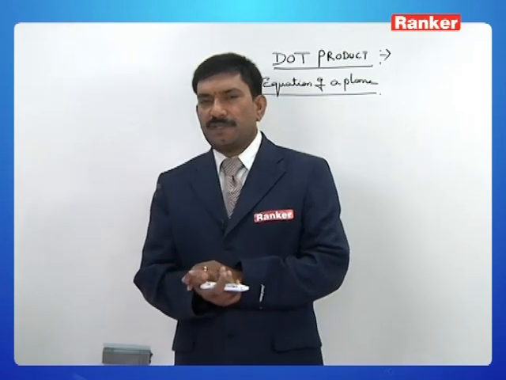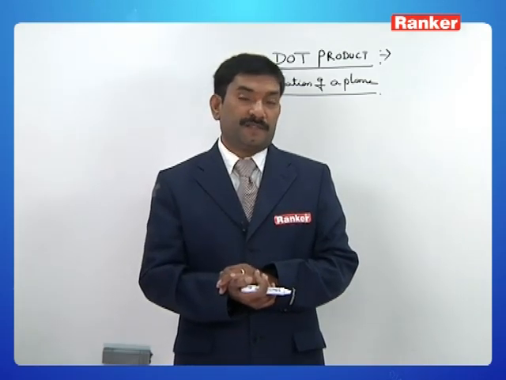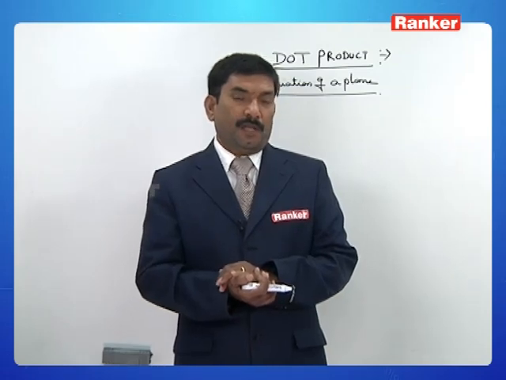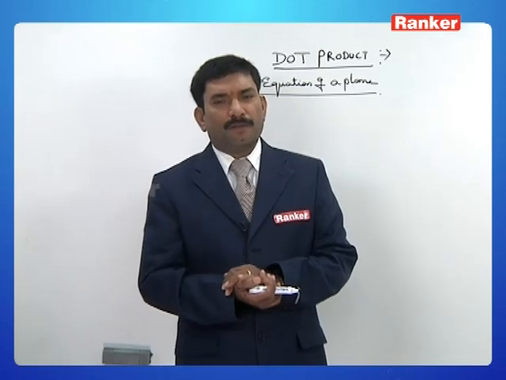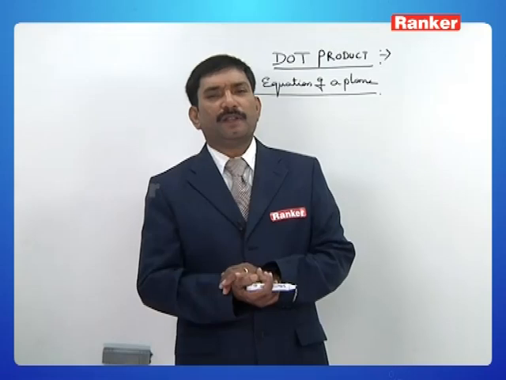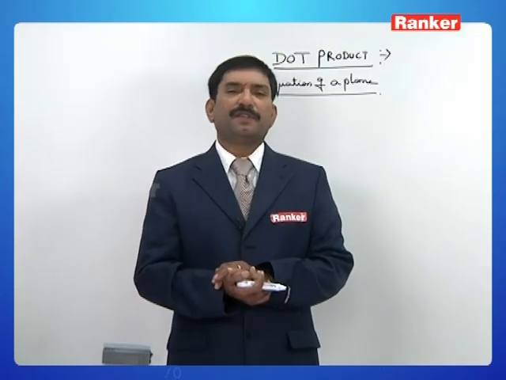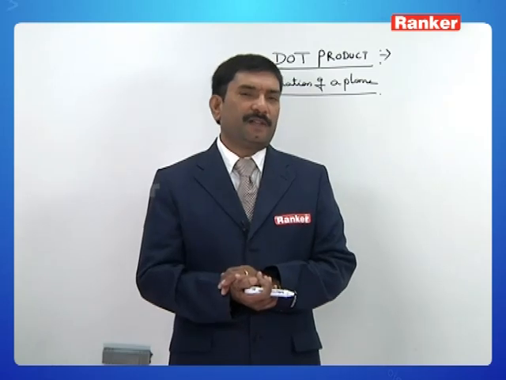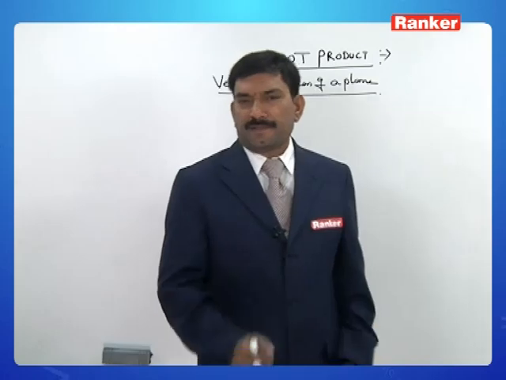All those discussions we had in the addition of vectors. As we have dealt with all those equations of planes in addition of vectors, now let us discuss the vector equation of a plane by using the definition of the dot or scalar product of vectors.